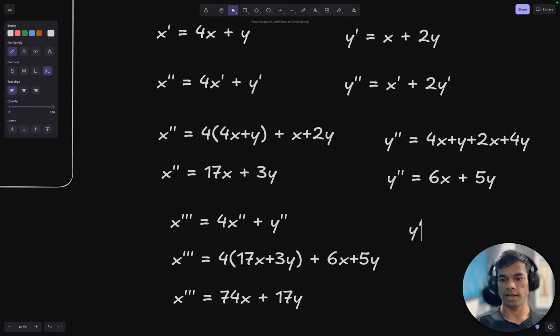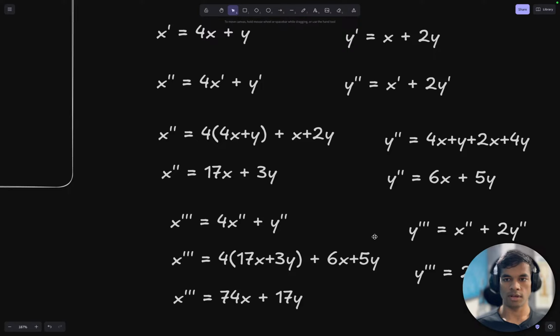And here y triple dash equals x double dash plus 2 into y double dash, which is 17x plus 3y. I can write it directly. What is y double dash? 17, 12 plus 17, 29x plus 3 plus 15, 18y.